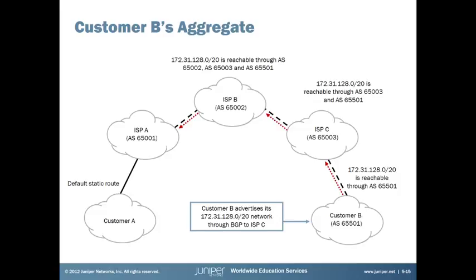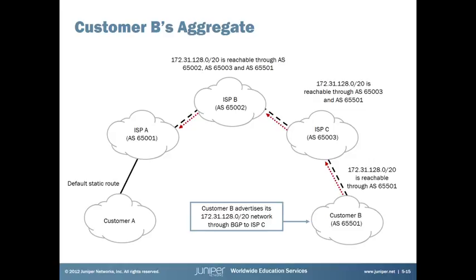Customer B, having a BGP speaking router configured there, advertises its network, 172.31.1.128/20. Sorry, it'll advertise that through BGP to ISP C. It will add its autonomous system number to the advertisement.